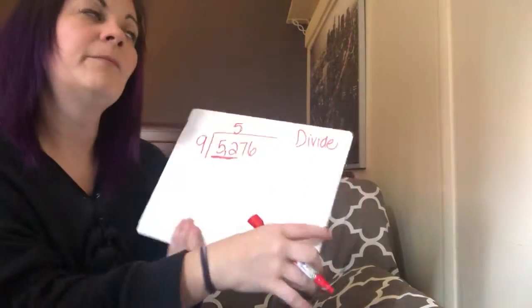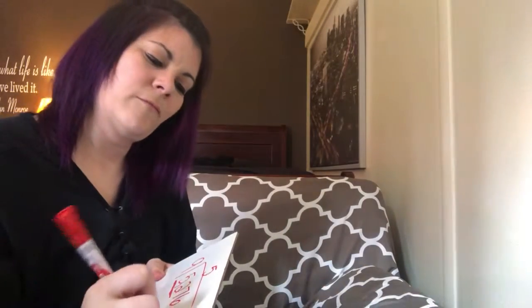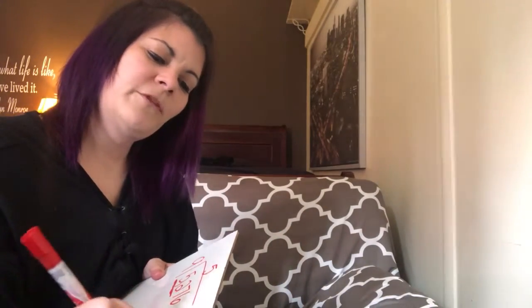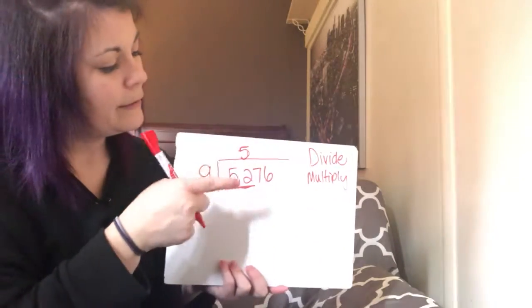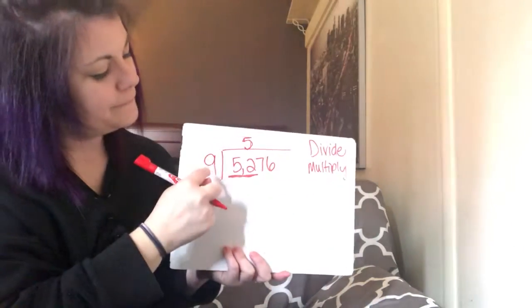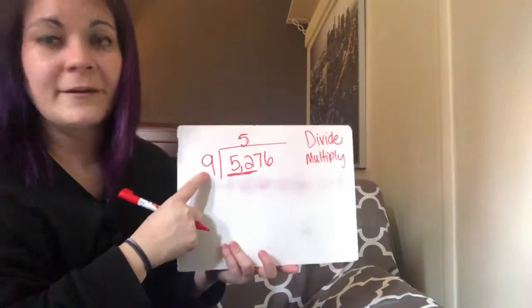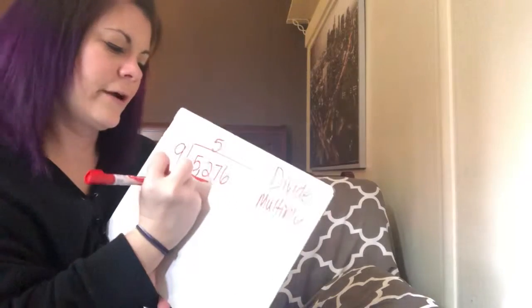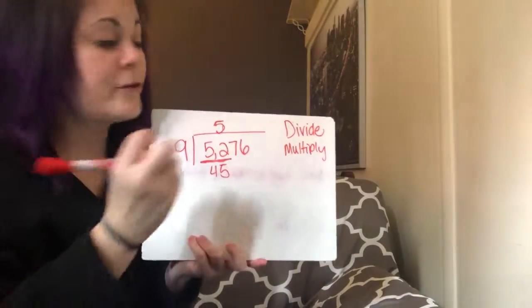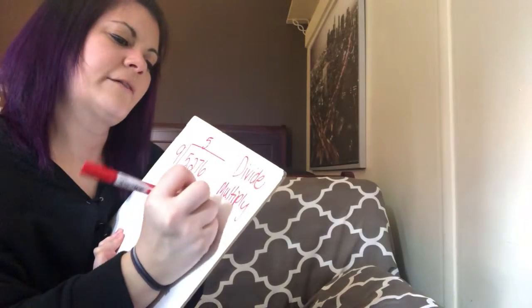The second step of dividing is multiply. You multiply your answer, how many times it would go in, by the divisor. So 5 times 9 is 45, and you write it down below that 52. The third step is subtract.